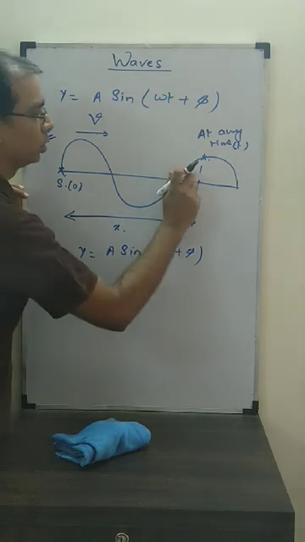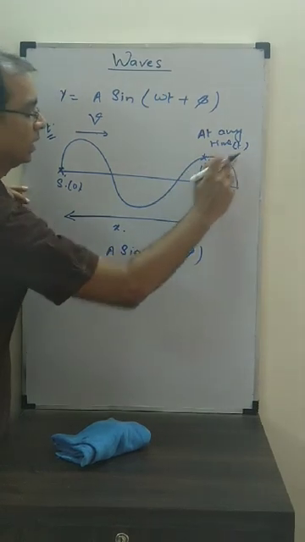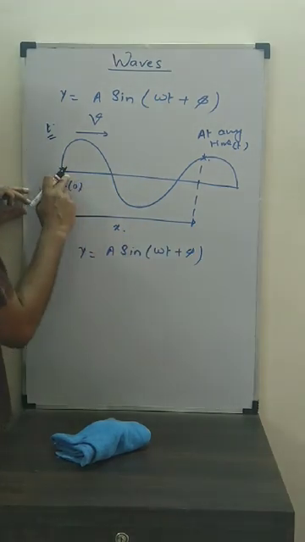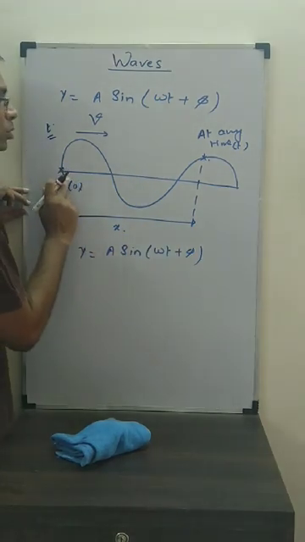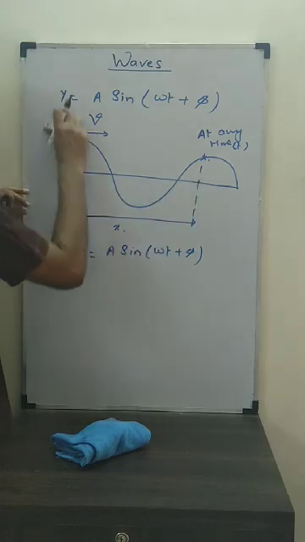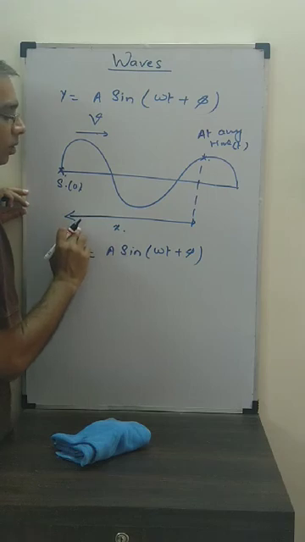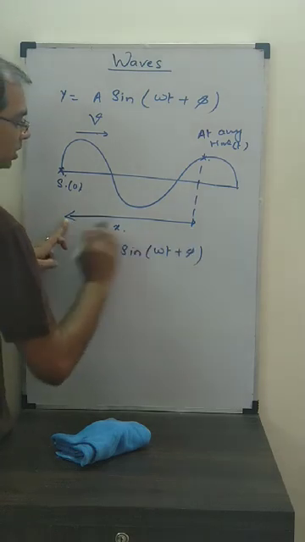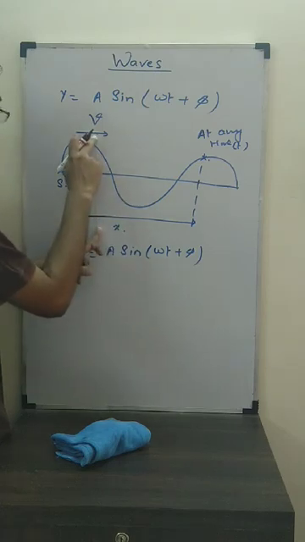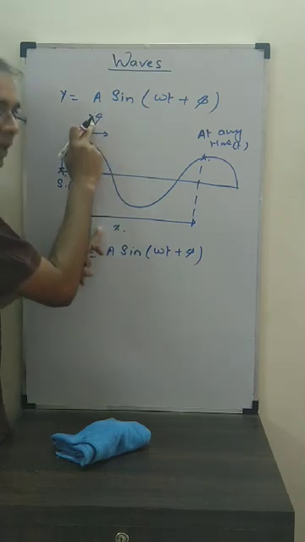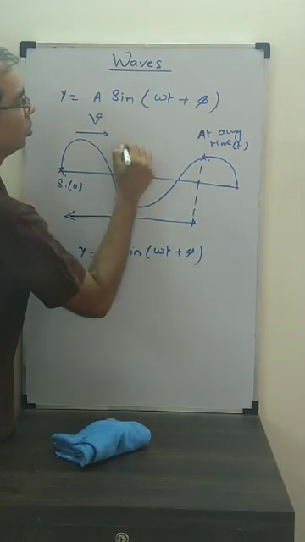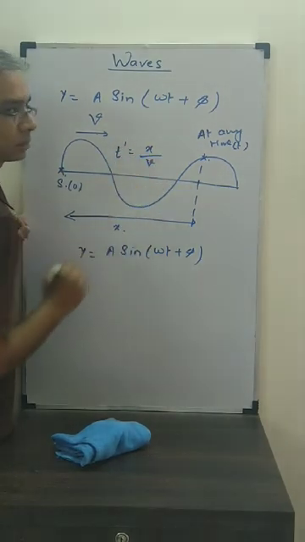This particle is doing simple harmonic motion at any time t, which is given like this. Then this particle must have started the motion at what time? If this is starting at t, obviously this started before. How much time before? Now we have to see how much distance there is between these two particles, x. What is the speed of the energy? v. Is it constant speed? Yes. So how much time does it take to move from here to here? The time has to be x by v.